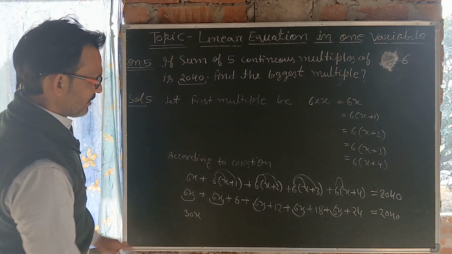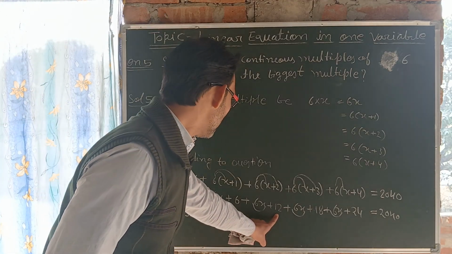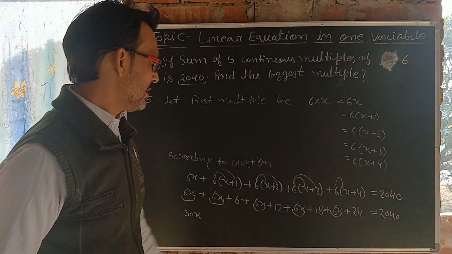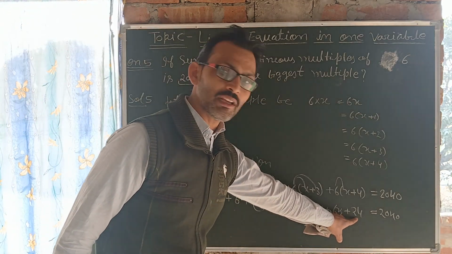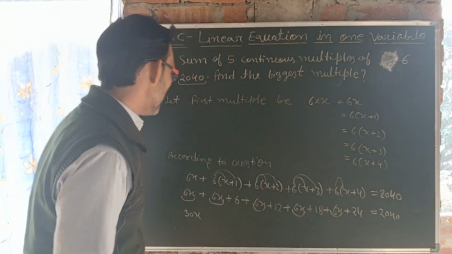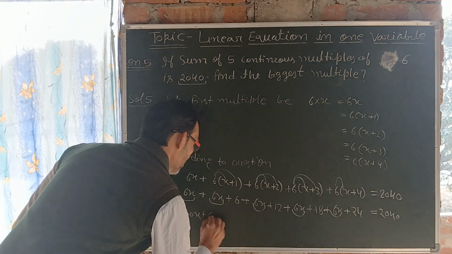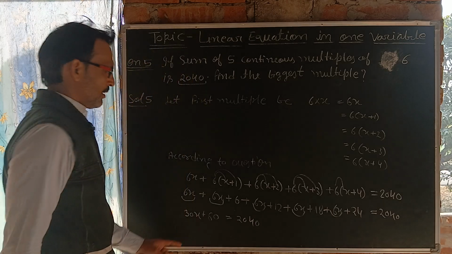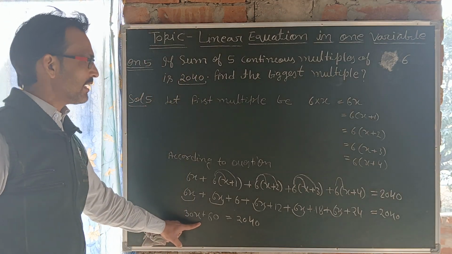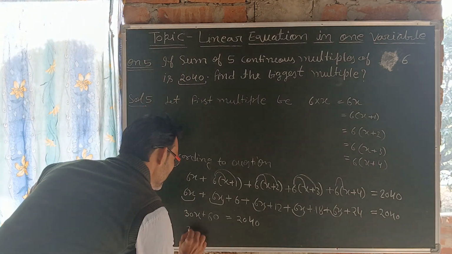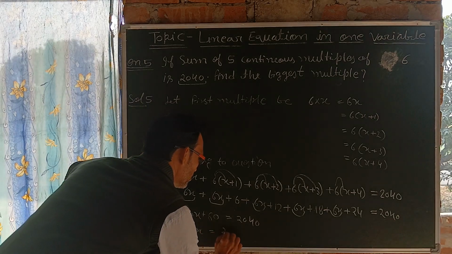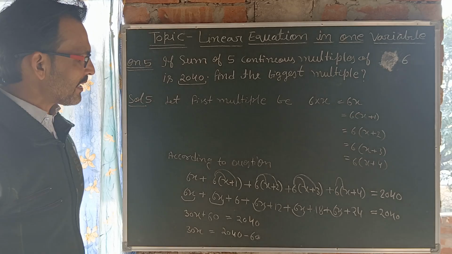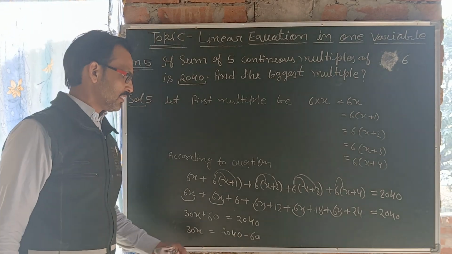And the numbers, that is 6 plus 12 is 18, and 18 more makes 36. 36 plus 24 is 60. So it will be 60, and it is equal to 2040. We have to find the value of x here first. 30x equals 2040 minus 60. The 60 goes to the other side of the equal sign, it becomes minus.